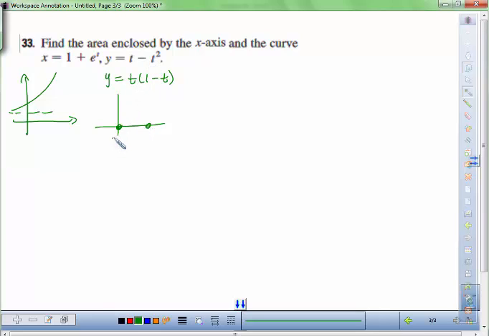It's negative in the t squared, so it's going down. So that's going to give a y value that's positive between 0 and 1, but exactly at 0 and 1, it'll be hitting the x-axis.